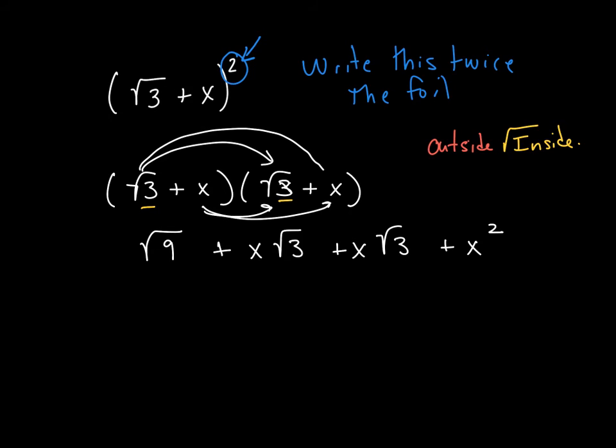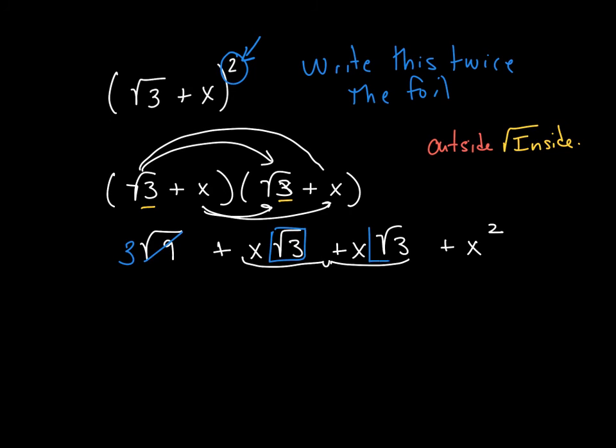Now, I can go ahead and simplify this. I know that the square root of 9 is 3. And I know this causes trouble when adding these two together. So when you're looking at this, remember it's the square root of 3 that's your like term.